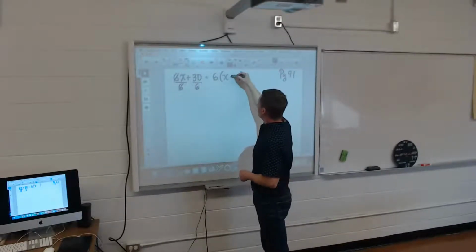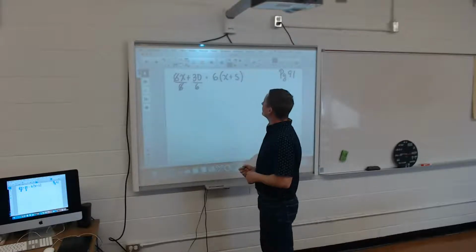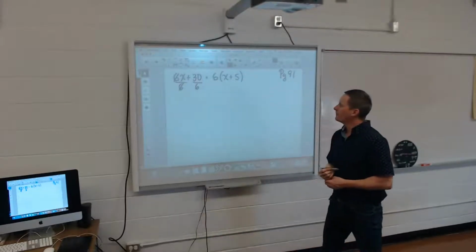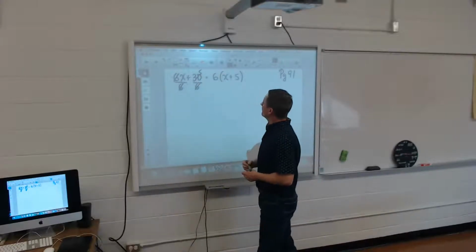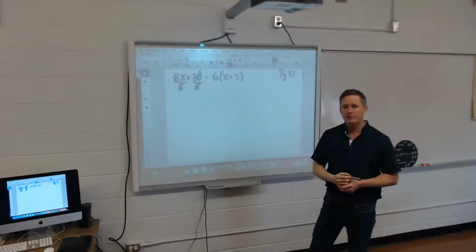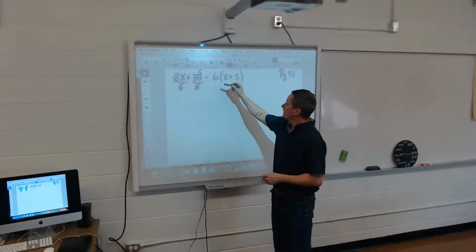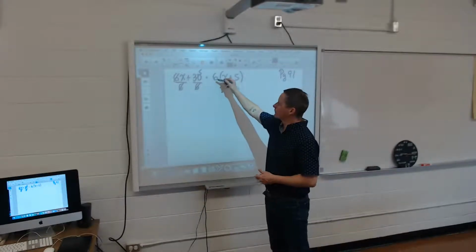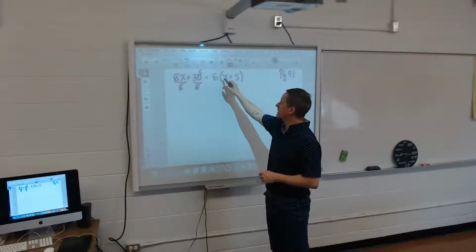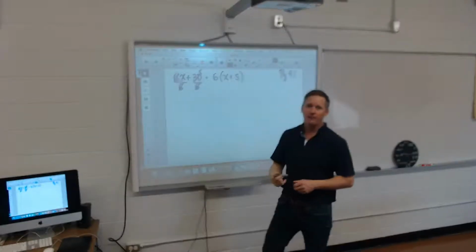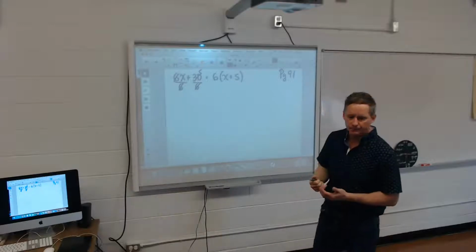And 30 divided by 6 leaves me with 5. So I factor out a 6 out of here. And I'm left with x plus 5. If I were to multiply it back through, I should end up with the same thing I started with. 6 times x, 6x. 6 times 5 is 30.